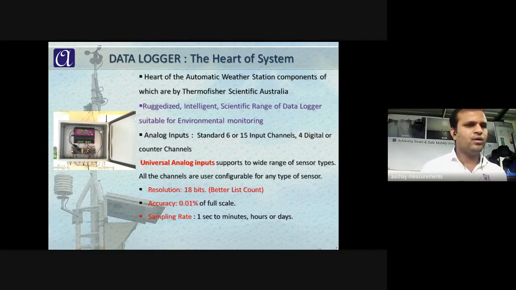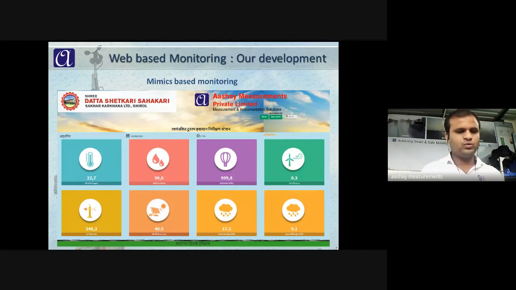Now we'll see more about the software and mobile application. Remote monitoring is the key feature of our weather monitoring system. The data logger is accessed remotely from anywhere, anytime. You can access it 24/7, and all these parameters are uploaded on an FTP server.